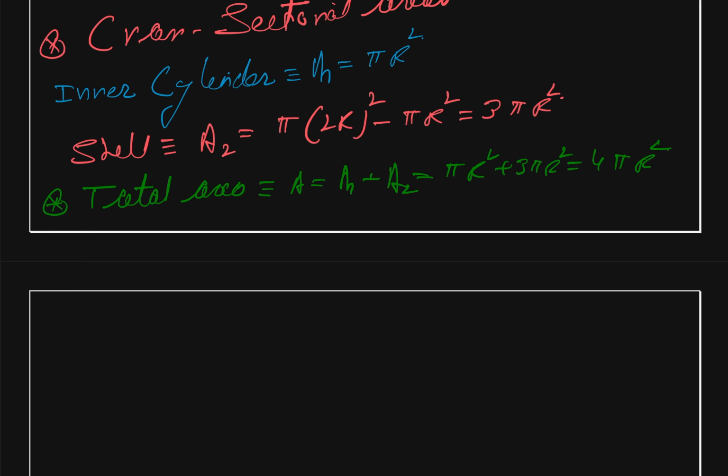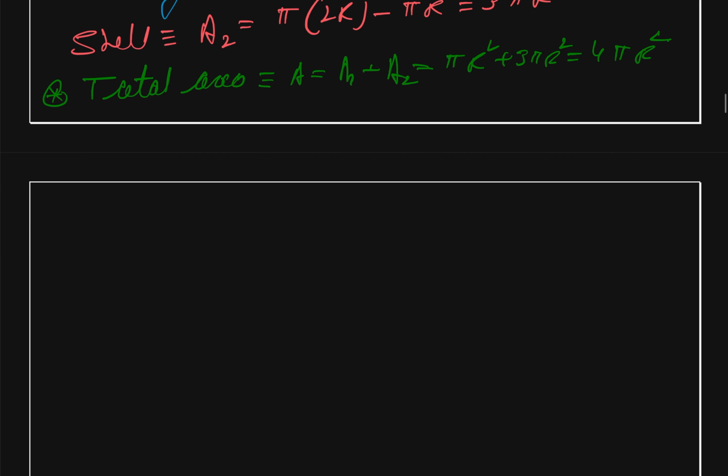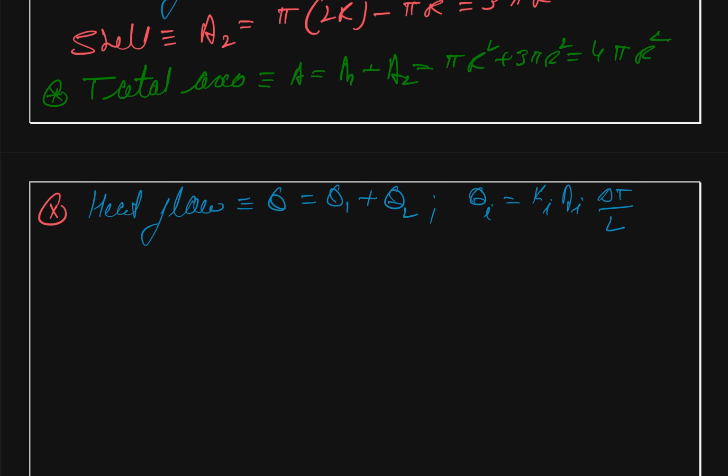And the heat flow, suppose is our Q, and that will be equal to our Q1 plus Q2, and the general formula we can write this as Q of i is equal to K of i A of i delta T upon L, where i is our variable, which is for, in this case we have two areas, so this will be Q1 as well as Q2.